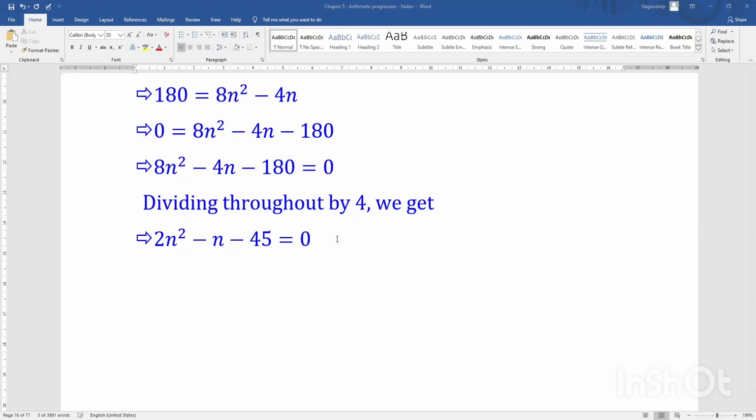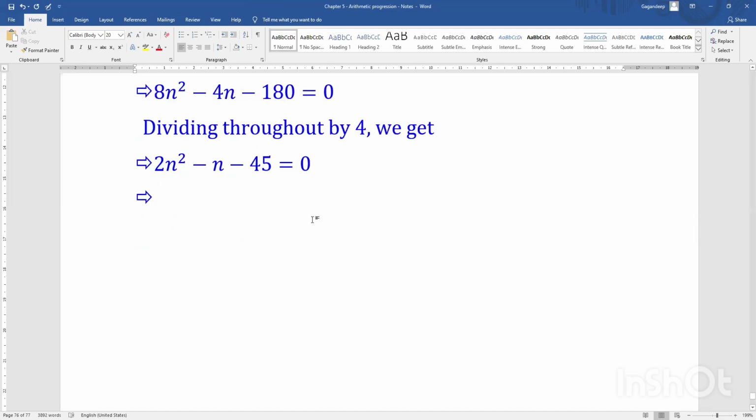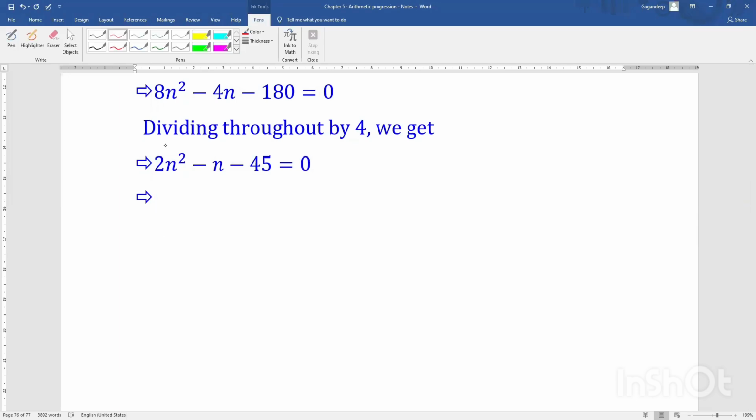Now we can do the factorization. 2n square into 45 gives 90n square.